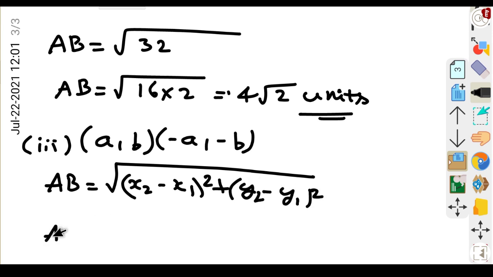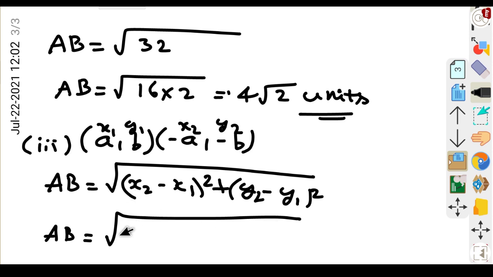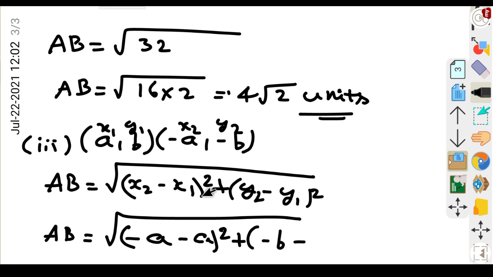So AB equals, call this point x1, y1 and this x2, y2. So under root of x2 is minus a minus x1 is a whole square plus y2 is minus b minus of b whole square.